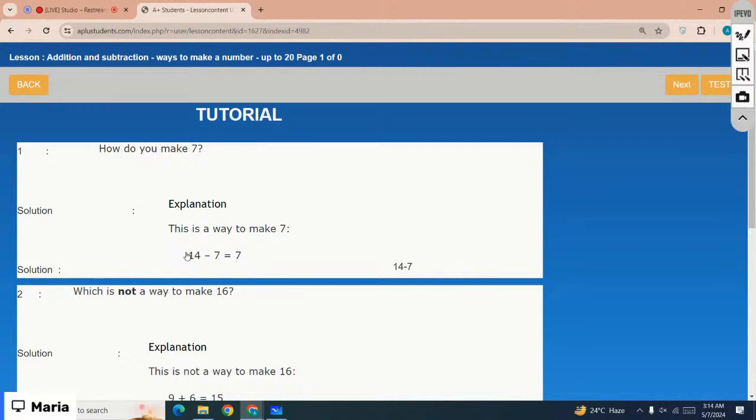So let's just start with the lesson, that is how do you make 7, right?